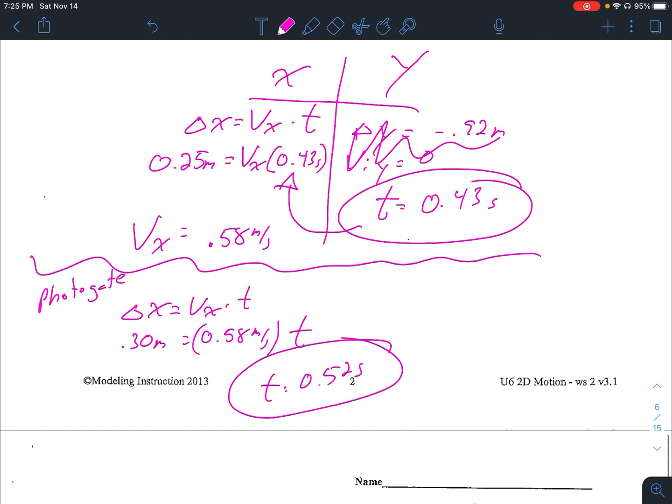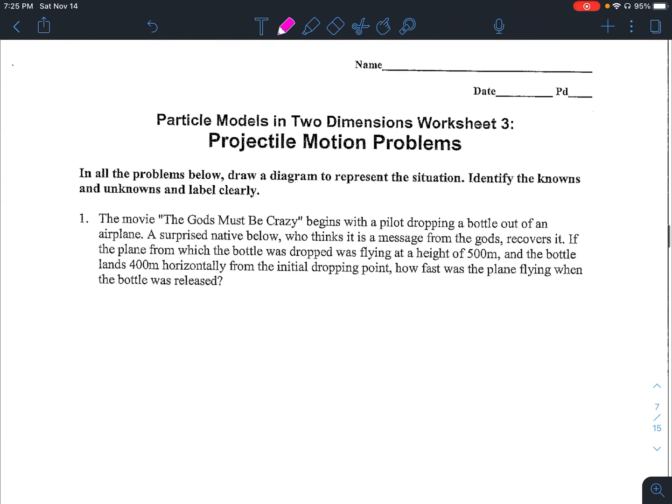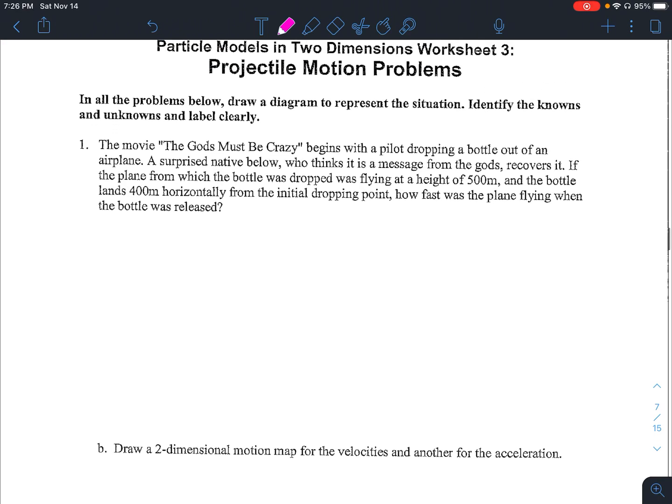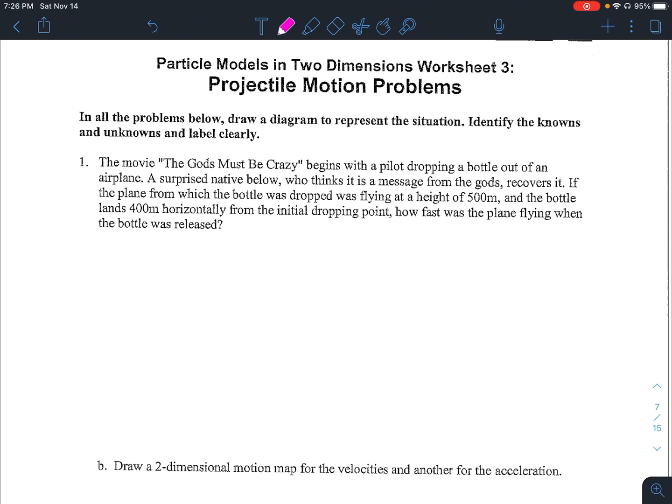All right, so we're going to go ahead and move to worksheet 3. And this packet is a little dated. I don't think I've ever seen this particular movie.